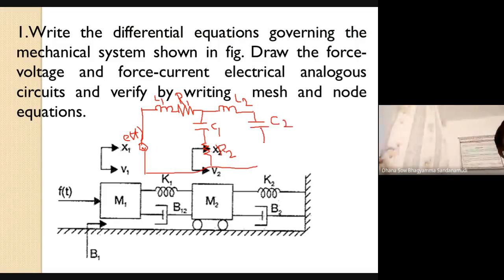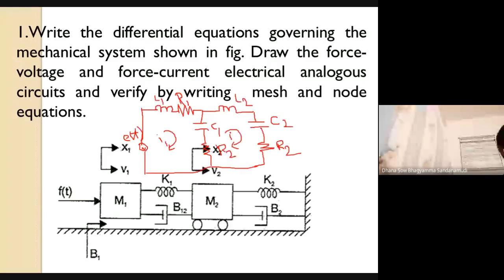What is B2? It is R2. Next, what is V1? V1 is I1. What is V2? It is I2.